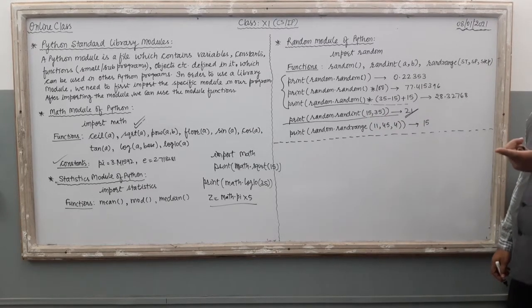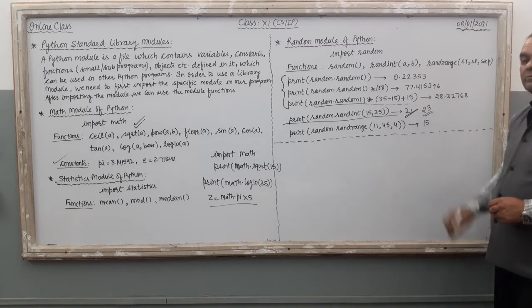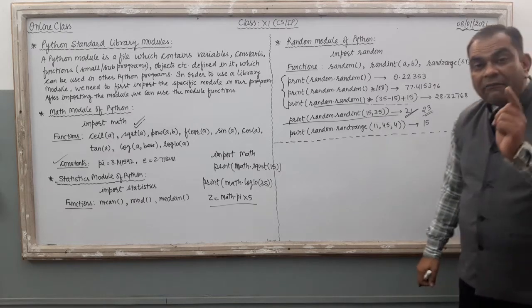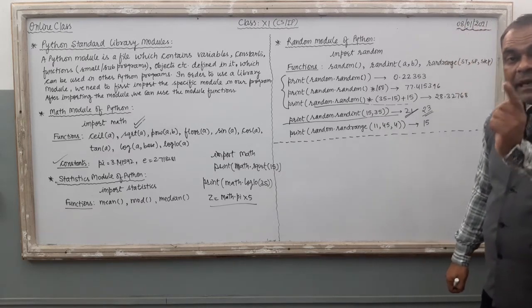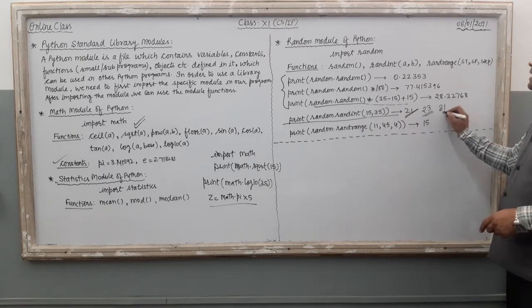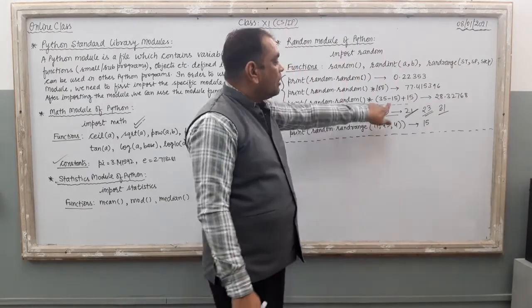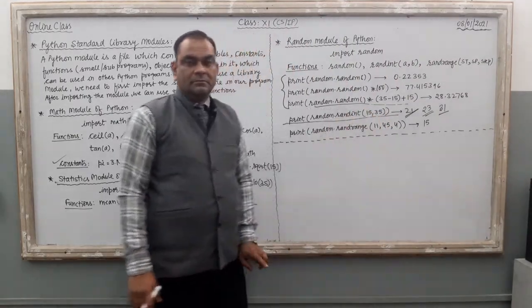You execute the same program a second time, now the output is 23. At each and every run the output will change. When you execute the line the third time, maybe your output will be 31, but the output should be in the range of this one only.